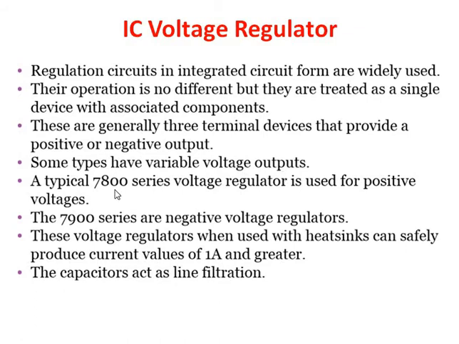Typically the 7800 series is used as the positive voltage regulator, while the 7900 series is the negative voltage regulator. These voltage regulators, when used with a heatsink, can safely produce a current of 1 ampere and greater. So the rating of this IC voltage regulator is 1 ampere, and the capacitor acts as a line filter.